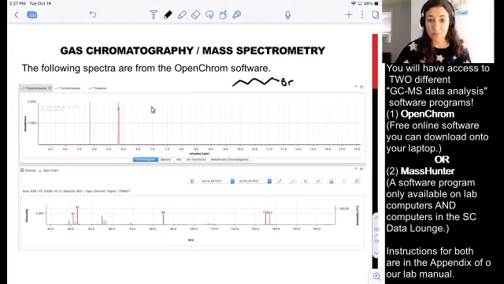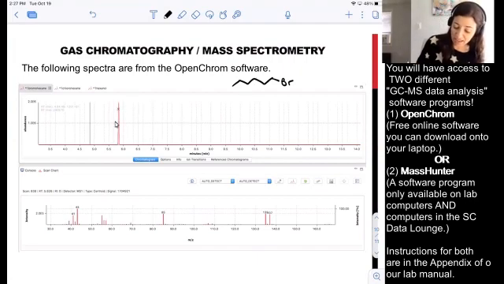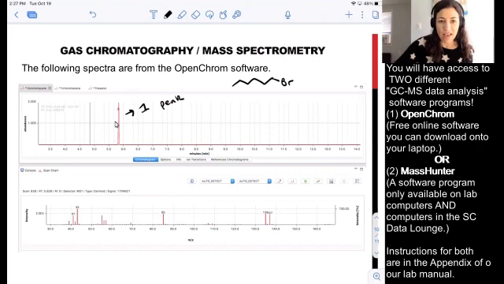As you would imagine, because I've used very clean reference material, I am seeing one peak right here with the X on it in my gas chromatogram. That tells me that my sample is nice and clean. And you can see that my retention time is right here between 5.5 and 6 minutes.